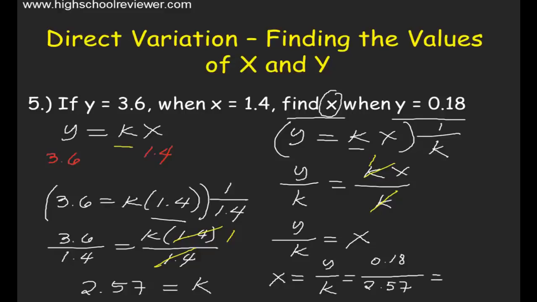So dividing, we have 0.18 divided by 2.57. That will give us 0.07. So 0.07 is our answer for the value of x for number 5.